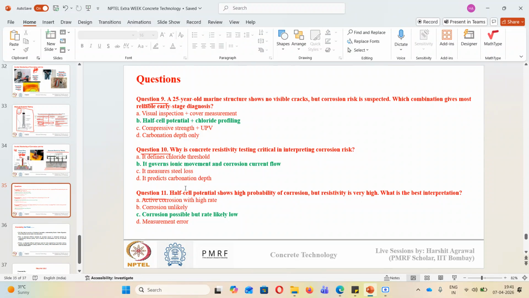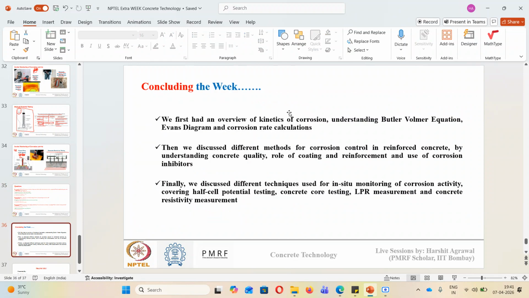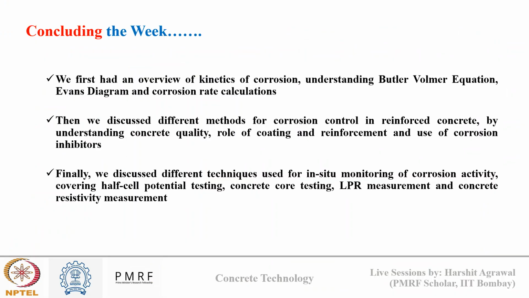This is how we can monitor corrosion on site and have an estimation of corrosion. So this was all for today's session. We first had an overview of kinetics of corrosion. We understood the Butler-Volmer equation, Evans diagram, and corrosion rate calculation. Then we discussed different methods to control corrosion in reinforced concrete by understanding concrete quality, role of coating and reinforcement, and role of use of corrosion inhibitors.